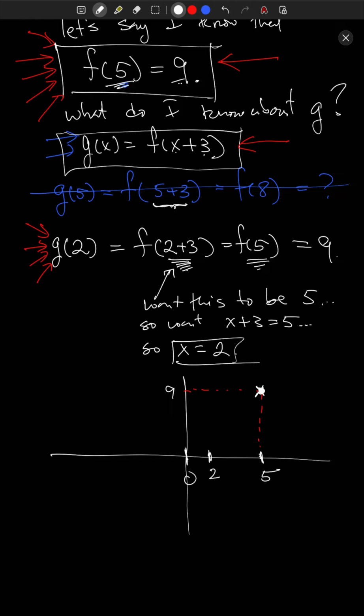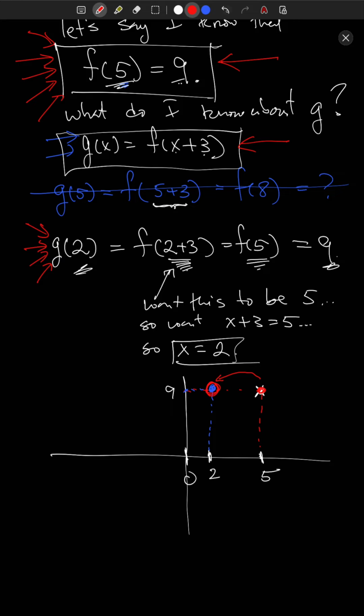Okay, what do we know about g? G of 2 is 9, right? We just discovered this up here. So if I plug in 2 into g, I'm going to get the same output that I got for f. So in essence, the graph of f, whatever it is, got shifted over to the left to there in order to get the graph of g. Again, this is the output for f. This here is the output for g.